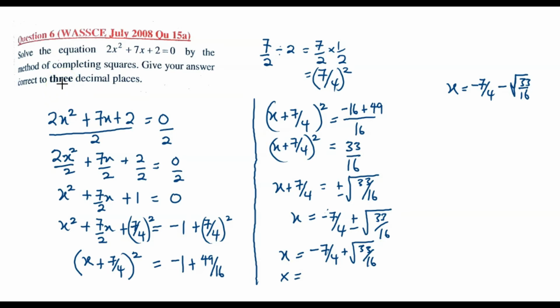So we are going to have negative 7 on 4 plus square root of 33 on 16.